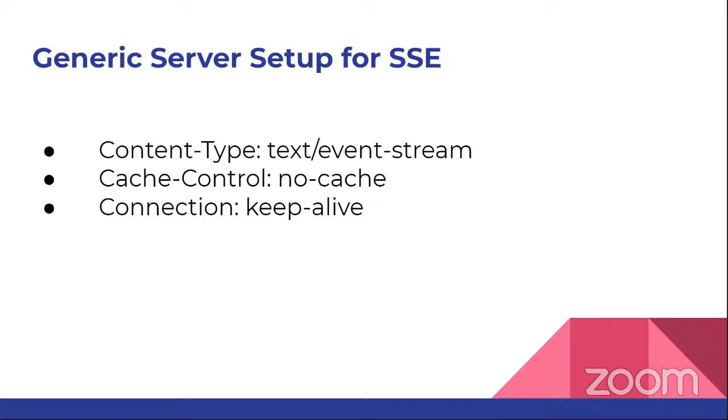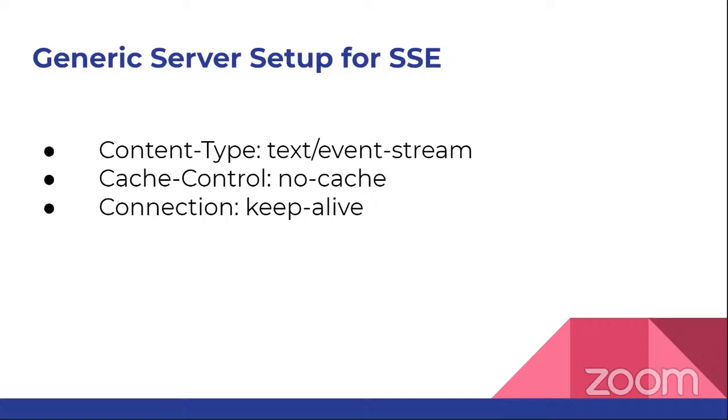That's basically set the content type to a text stream, the cache control to no-cache, and connection to keep-alive. Why we do this is because in server-side events, the response that is received back from the server is a text file. It's basically a text file.